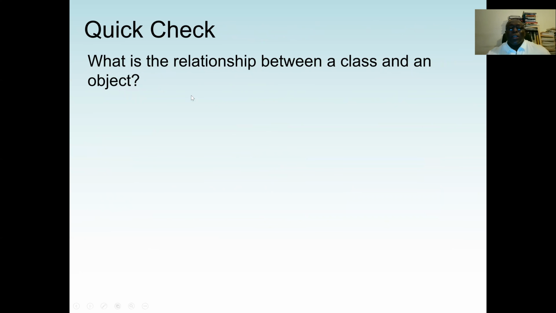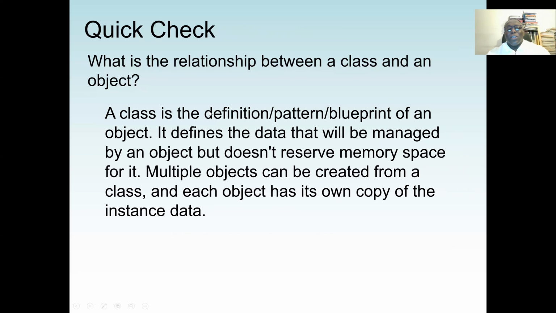So quick check here. What's the relationship between a class and an object? The solution is here. A class is more or less like a blueprint. It's just the declaration. An object is the real deal. It has memory space. So we say a class is the definition, pattern, or blueprint of an object.